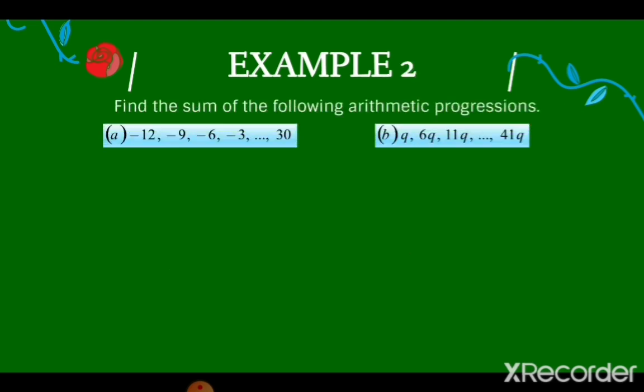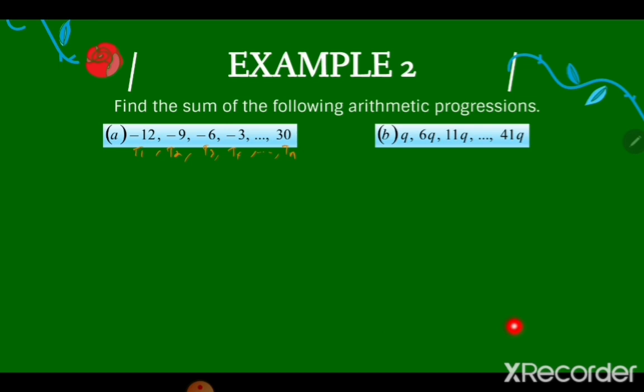Find the sum of the following arithmetic progressions. So for A, we have T1, T2, T3, T4, and so on, and this is our n term, or we call it the last term.